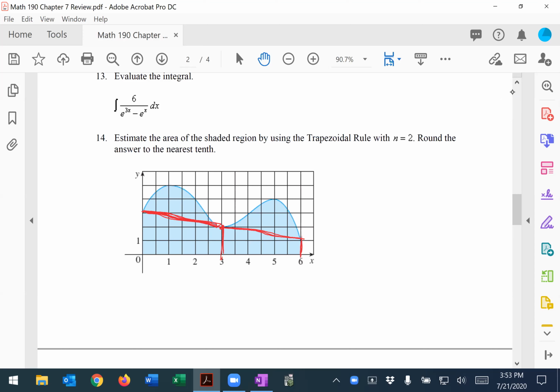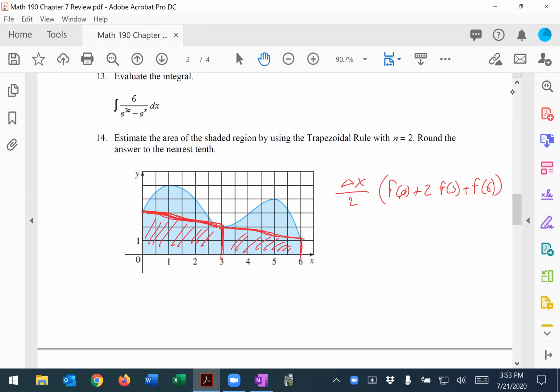So I've got 2 trapezoids. I actually have just really one big trapezoid because they're the same slope, but we may not know that initially. So what we want to do here is delta x over 2 times f of 0 plus f of 6, right? That's how I'm going to get my trapezoids here.